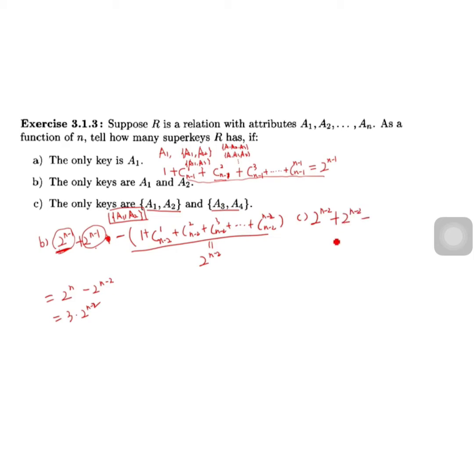And we'll minus the number of the attributes including A1, A2, A3, and A4, because this superset is counted in both this part and this part, so we'll minus it. Then and now we can compute.